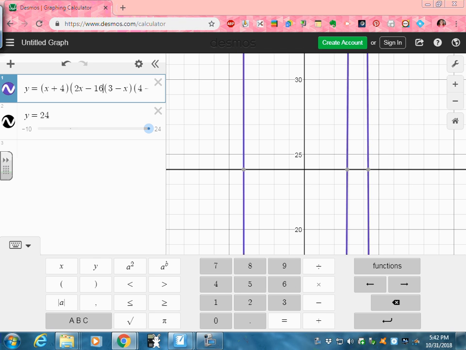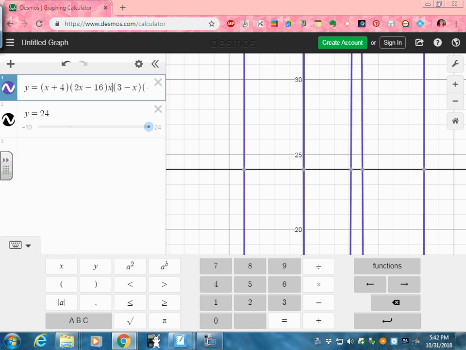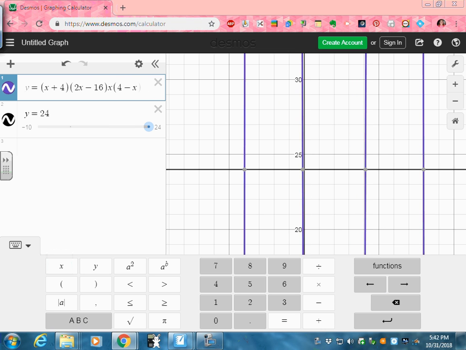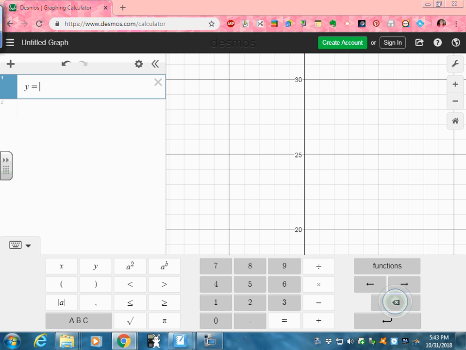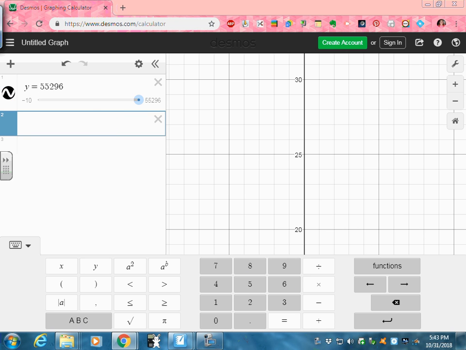Okay. And then we've got just x. Parentheses x. Okay. Oh no, I just deleted it. Okay. I know it's got to equal 55,296, so I need to put that in. So let me go ahead and do that. I just lost my, I love typing on the computer sometimes, on the board.